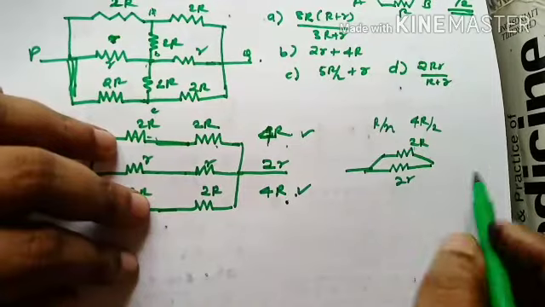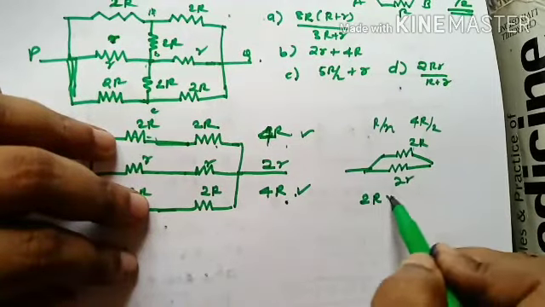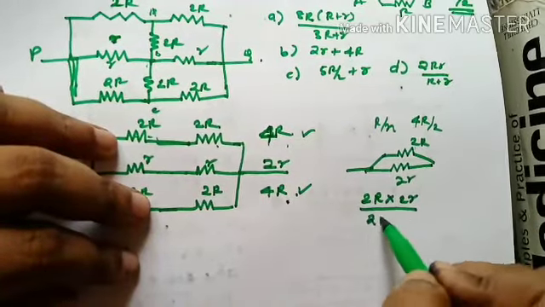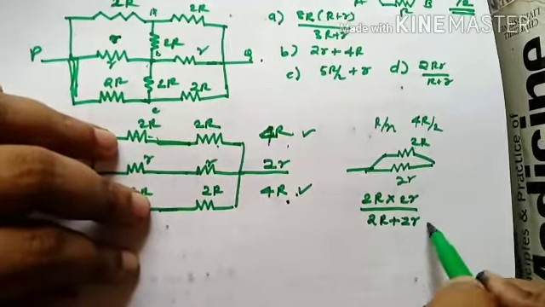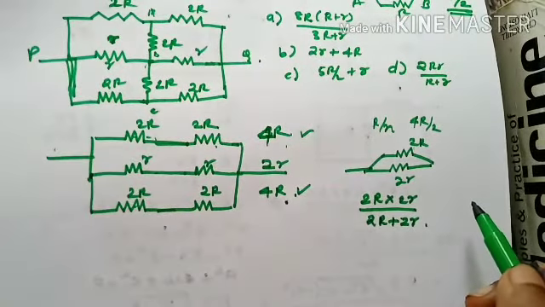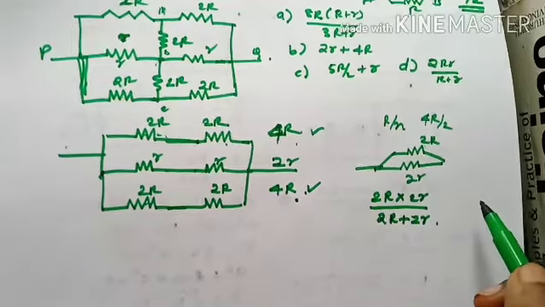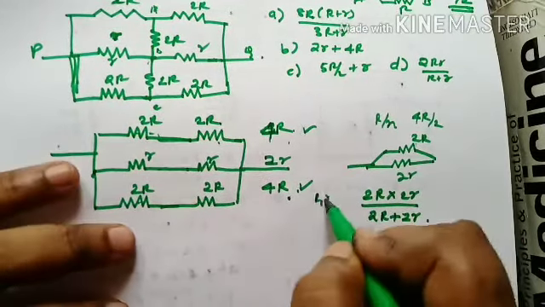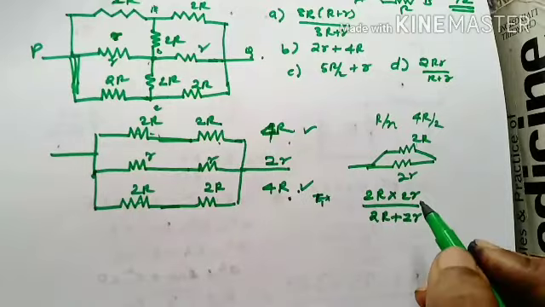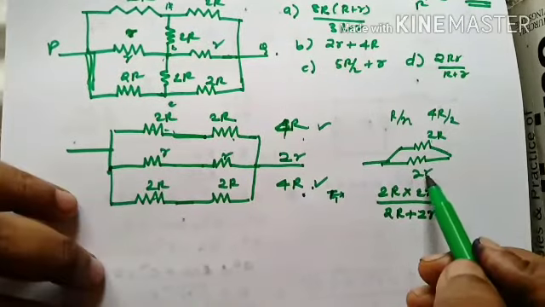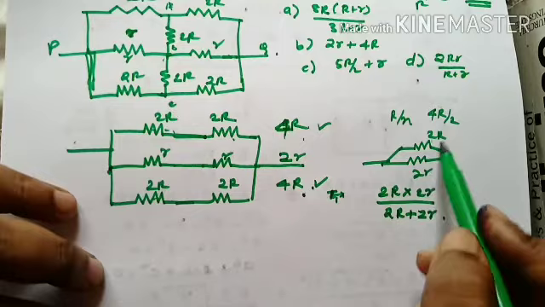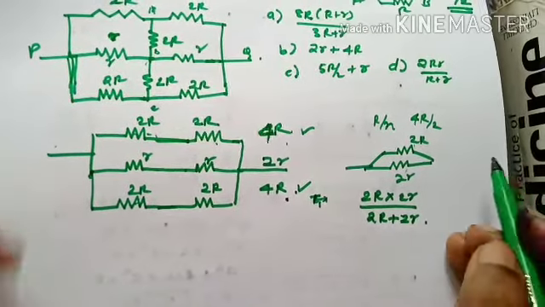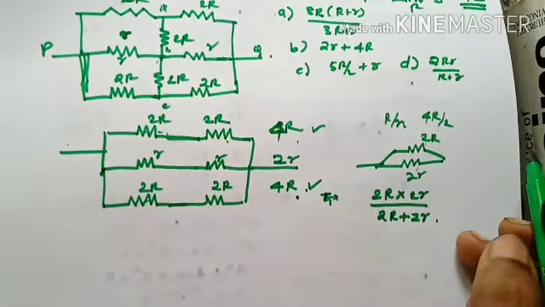That is R1 into R2 divided by R1 plus R2, that is 2R into 2R divided by 2R plus 2R. Guys, when I say R1 into R2, it means this resistance times this resistance divided by the sum of these two resistances. That is the equivalent resistance when two resistors are in parallel.